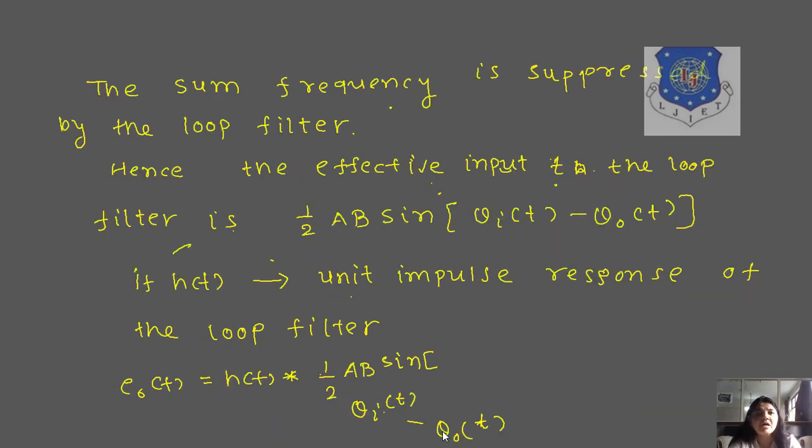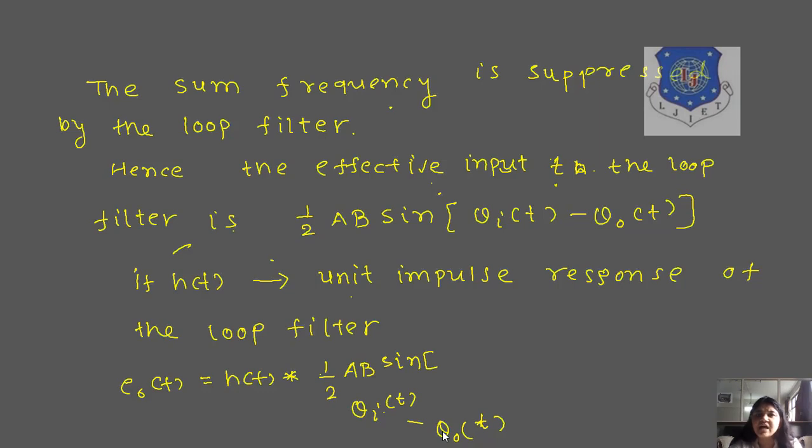Now we have the output of that multiplier, and it is given to the low pass filter. What will the low pass filter do? The low pass filter will suppress the high frequency component. From those two components, the low frequency component will pass through the low pass filter, but the high frequency component is suppressed.